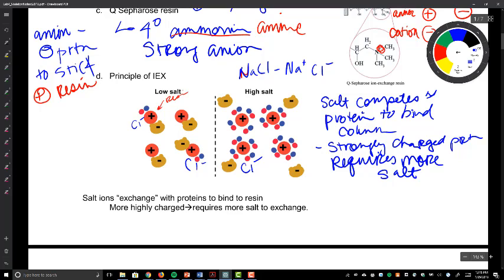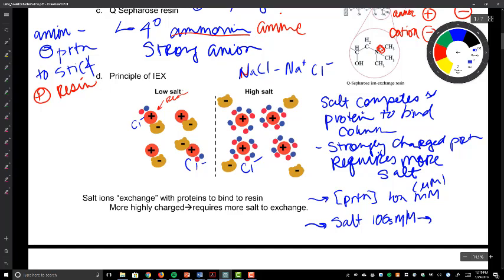One thing to keep in mind when we're thinking about exchange is that the concentration of our protein is going to be in the low millimolar at the very highest. More likely, we're going to be in micromolar concentrations of our protein. However, the salt is going to be in the hundreds of millimolar, all the way up to 1 to 2 molar.